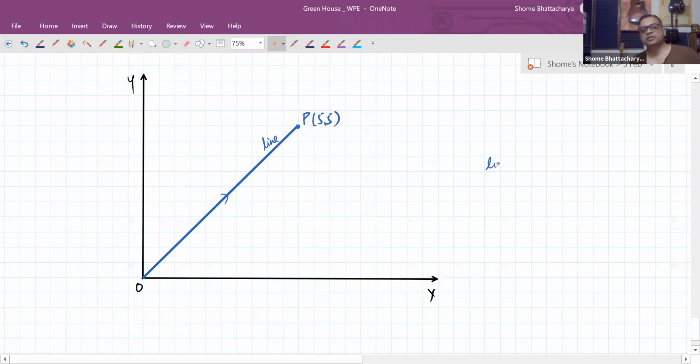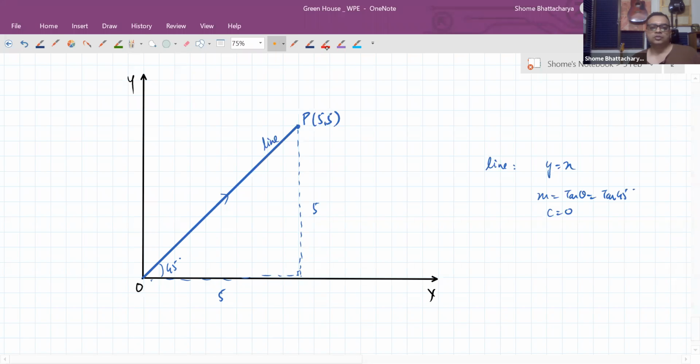The equation of the line is y is equal to x, because its slope, which is tan theta, is tan 45, and its y-intercept is 0. You see, this angle will be 45 because it's just a matter of observation. Right? So isosceles right angle triangle.